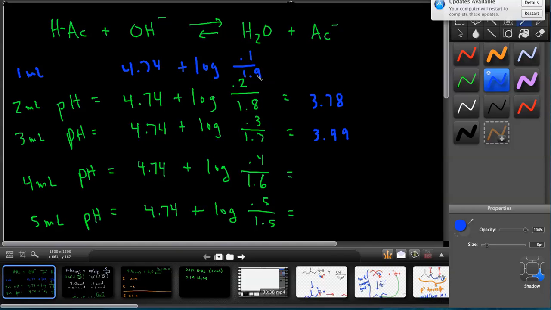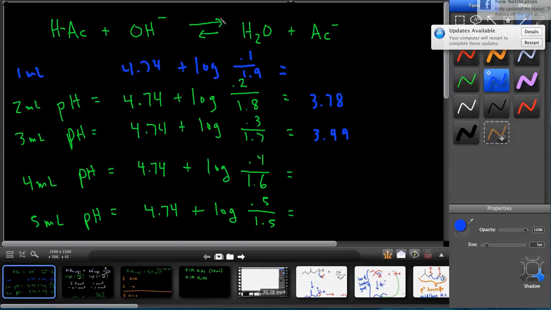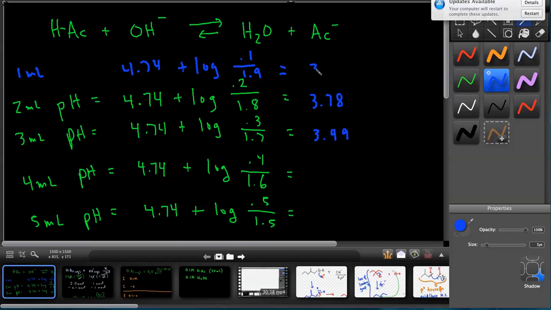The log of 0 is undefined. You cannot set 10 to any exponent and have it equal 0. So mathematically, it's intractable to do it that way. So 4.74 plus the log of 0.1 over 1.9 is actually 3.46. It doesn't make a huge difference, but wrong is wrong and right is right. So it should be 3.46.